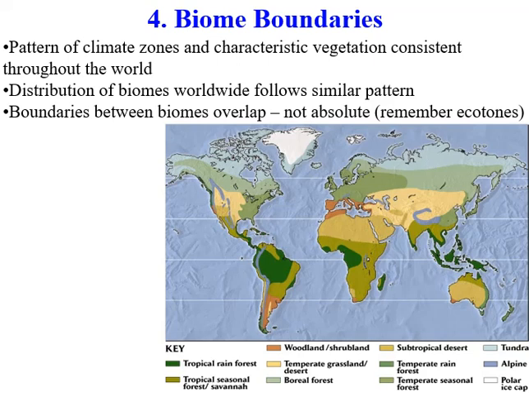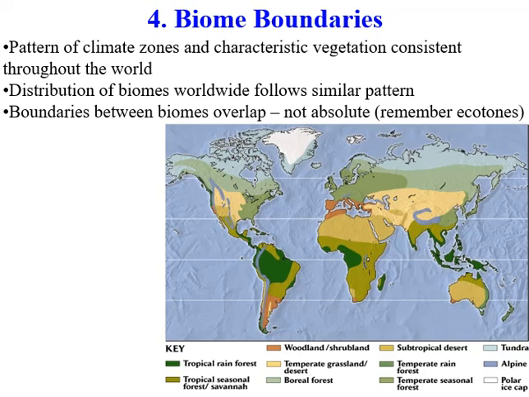So if you look at the distribution of these different biomes around the world, here are these 9 different biomes. Now here it's on a map, so it may not seem as organized as looking at that graph that shows the gradient of rainfall versus temperature, where there's a clear pattern and a pretty clear explanation for why you find these different biomes in different places.